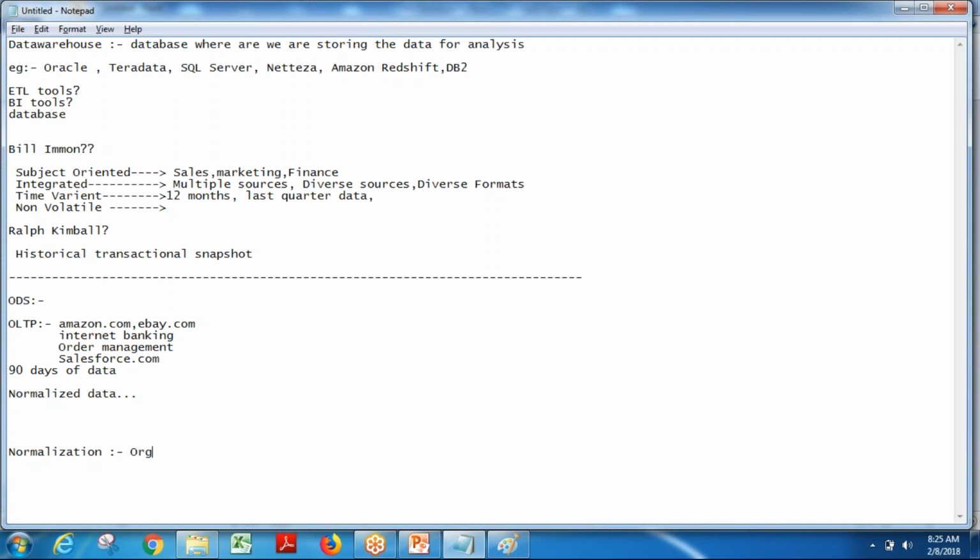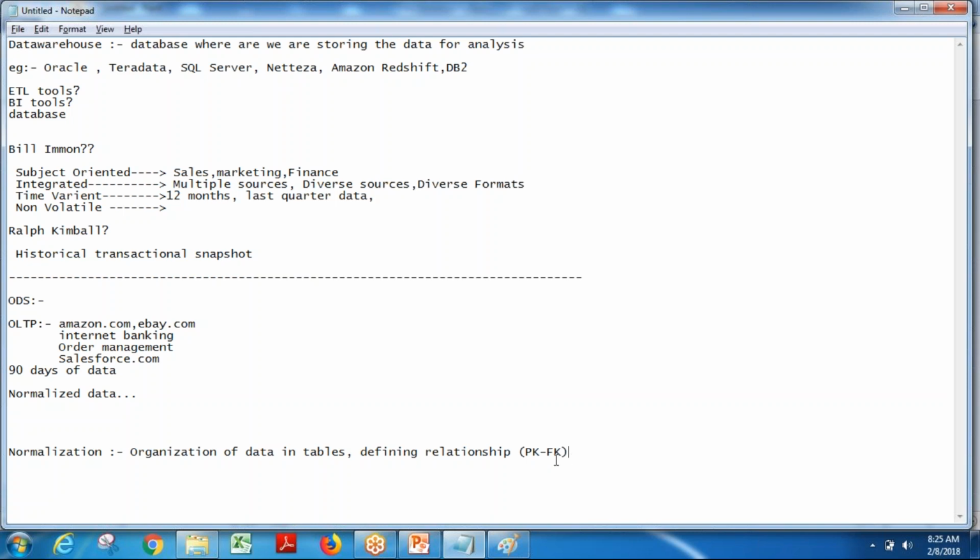So the organization of data, the distribution of data in tables, and defining the relationships between the tables, which is nothing but the primary key foreign key relationship, will be done through the data modeling process.